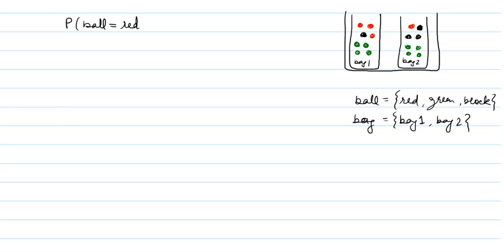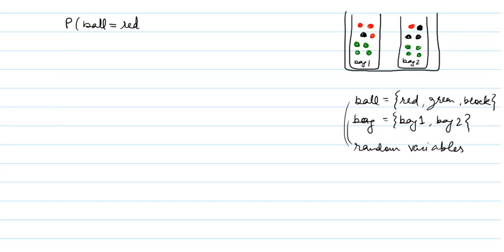So these both are random variables. We don't know which bag or which ball we will be picking, and the probability we will calculate with the help of these probability rules and Bayes theorem.